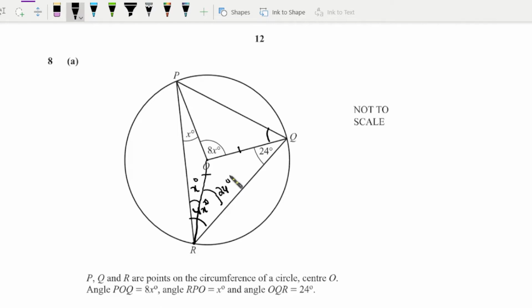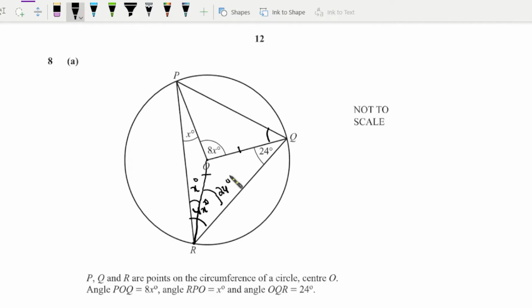The angles opposite the congruent sides are always equal. For example, these two sides are equal, so the angles opposite to these congruent sides are equal. It has been given here, it is 24 degrees, so this angle is also equal to 24 degrees.